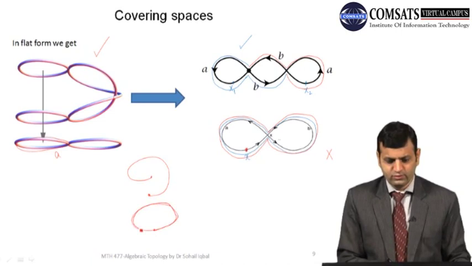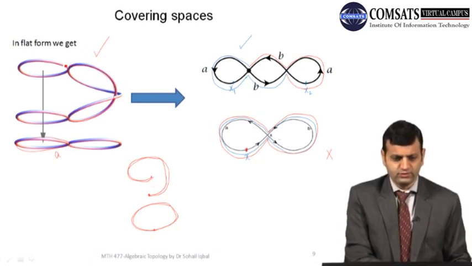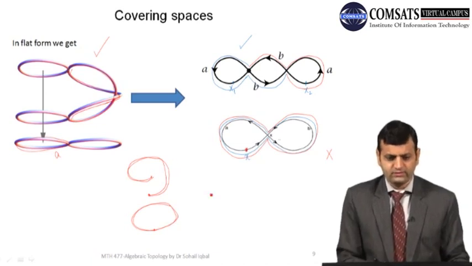This whole thing is covered by this helical portion. Similarly once again you go to this A, and then you come back, then the second part is basically the second portion of the helix. So that's how we cover the space X.